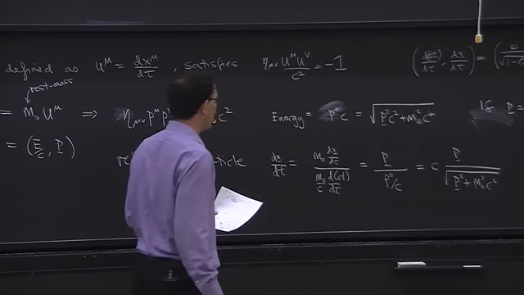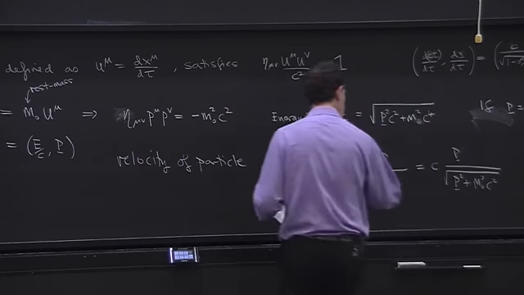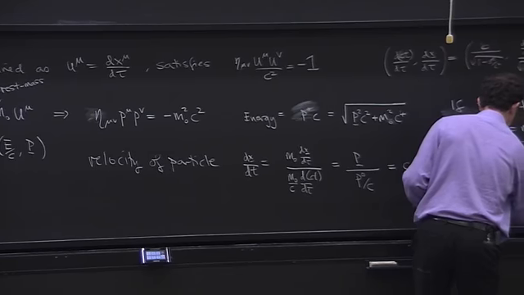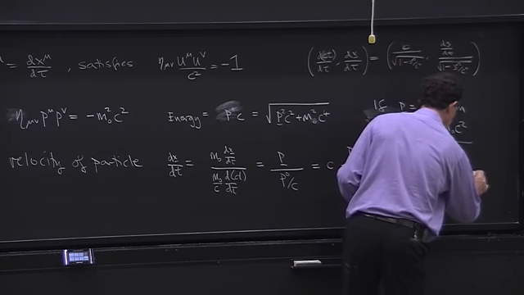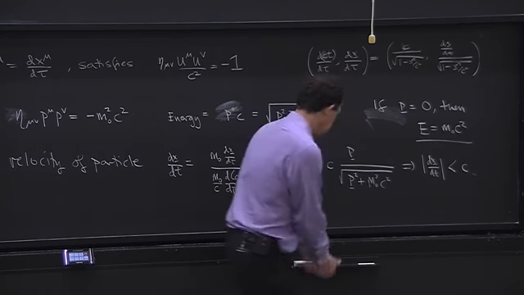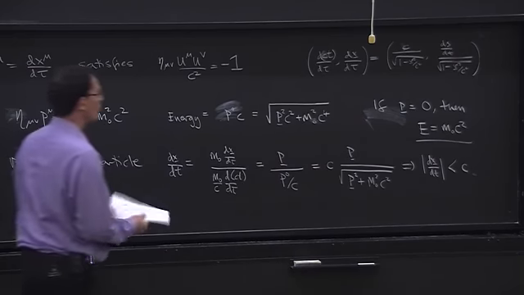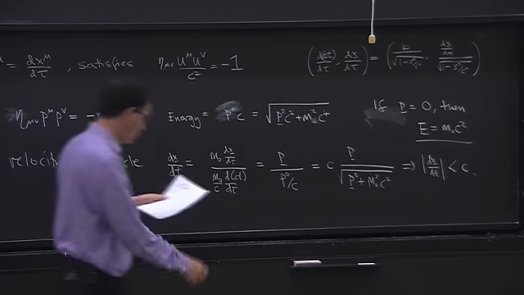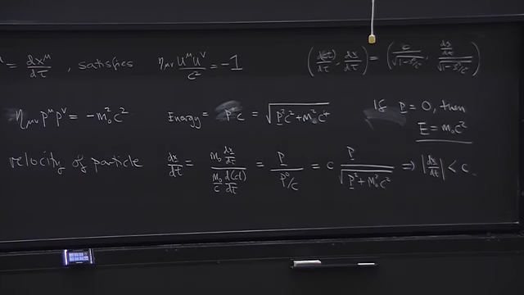and you can see that the velocity, and so it follows that the magnitude of the velocity is always less than c when m naught is non-zero. Okay, so we started off by assuming the particle was time-like, so we're just checking consistency.